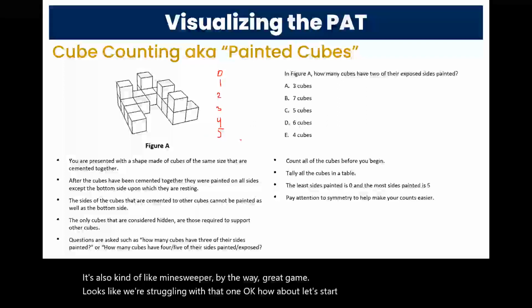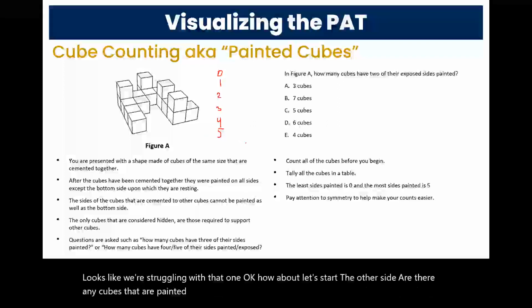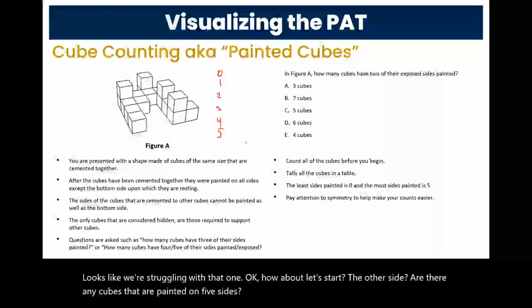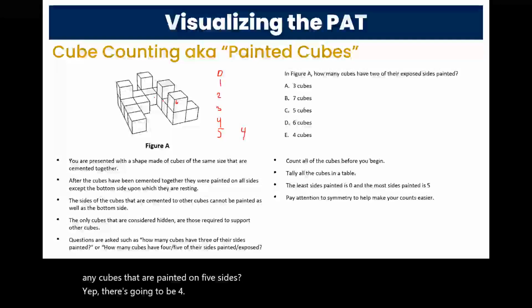Are there going to be any cubes that are painted on 5 sides? Yep, there's going to be 4. 1, 2, 3, 4. They sit right on top and stand right out there.